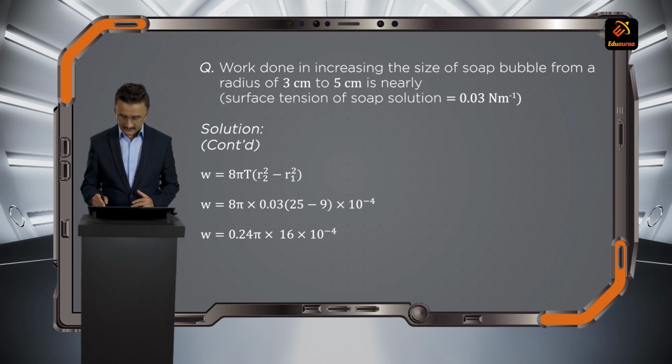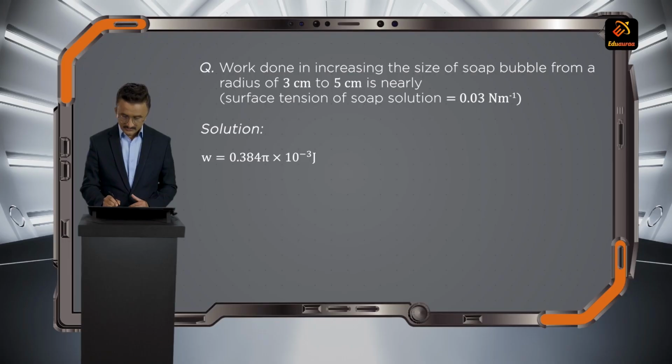Now I can do the calculation. I can adjust the power of 10. So it is 0.24 into 1.6 into pi into 10 power minus 3. 0.24 into 1.6: 16 fours are 64, 6 carry, 16 twos are 32 plus 6, 38. Okay.